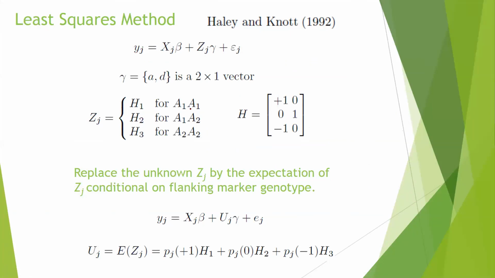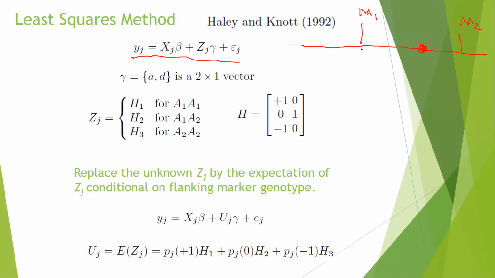All right. As I mentioned, this is the reality. Suppose this is the genome, this is a chromosome. This is the first marker, marker 1, and this is the second marker, marker 2. Suppose we want to test this locus.